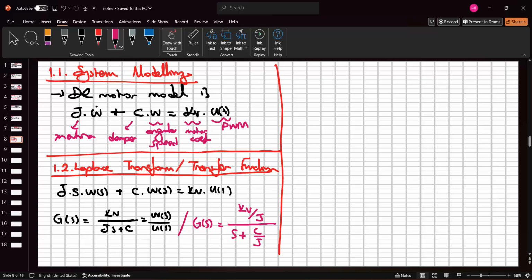The tau value. Okay? And so we can continue with the time domain response.